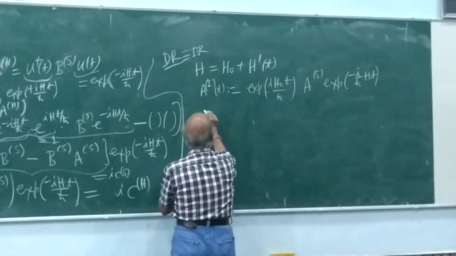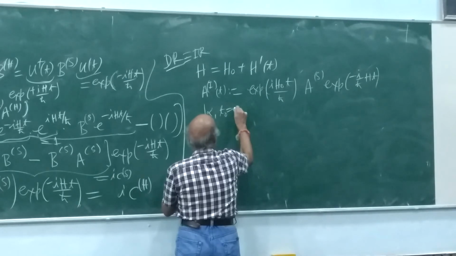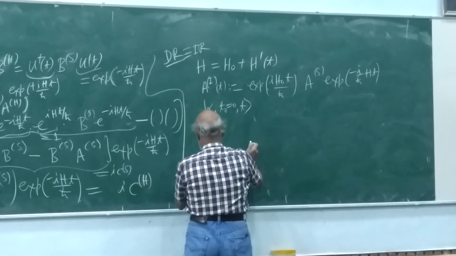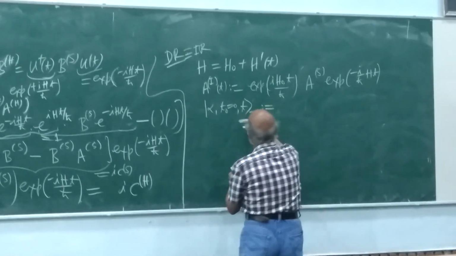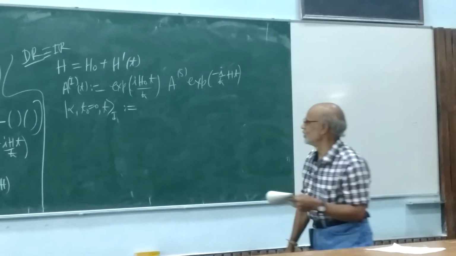And I also define the state vector alpha, T0 equal to 0 and T, with a subscript I, which means the state vector defined in the intermediate representation.